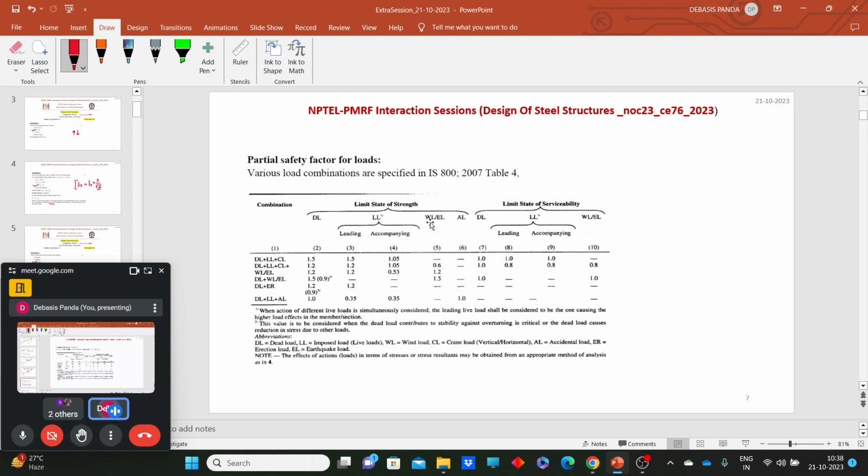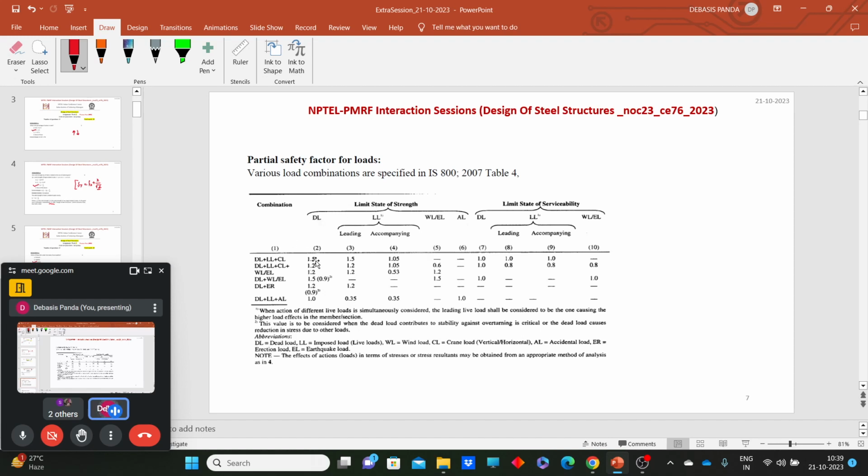I will suggest and recommend you, please try to remember the factors, like for dead load, live load, crane load condition. A 1 mark question may come. Although if any question does not come from there, still these factors of safety will be required when you perform some design or analysis later on.